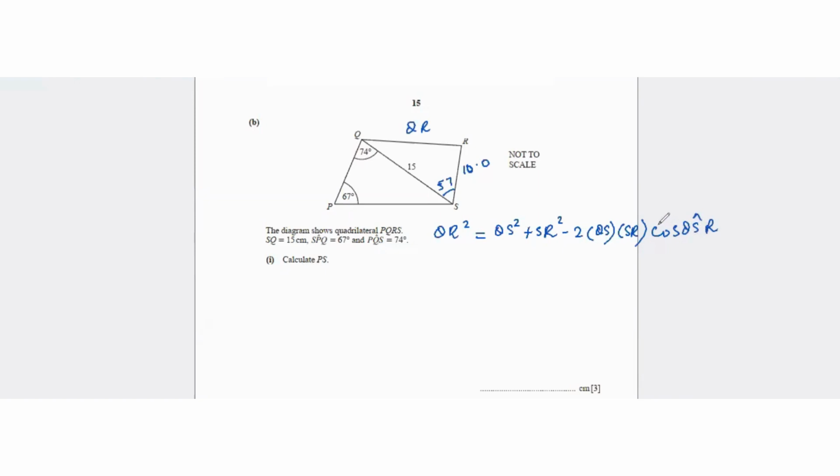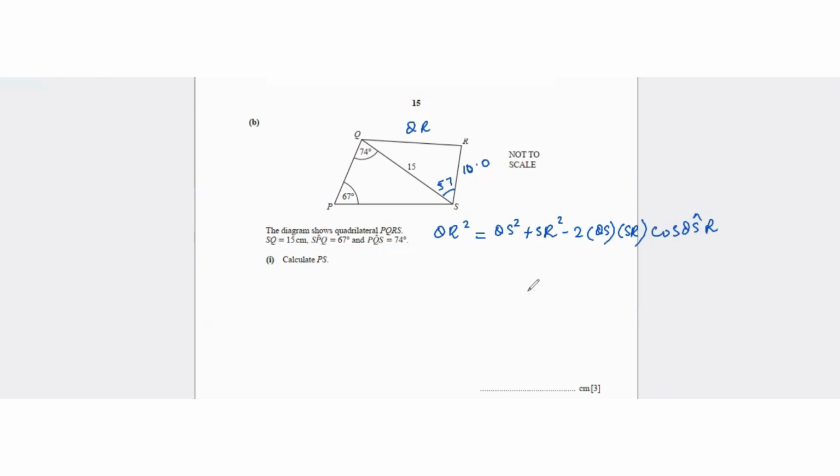Basically, the cosine rule is applicable in those cases where either we have all three lengths and we're trying to find the angles, or we have two lengths and the angle between them, which is similar to the case of the area of triangle formula that we applied in the previous part.